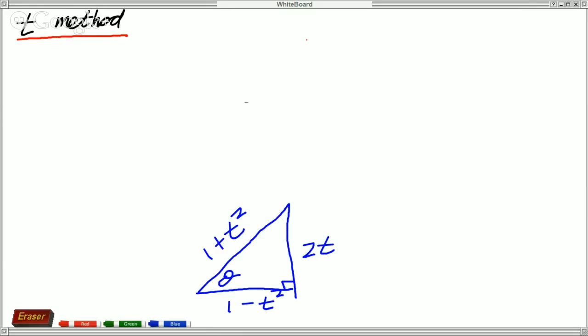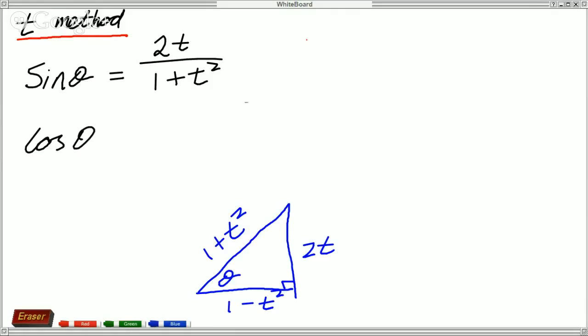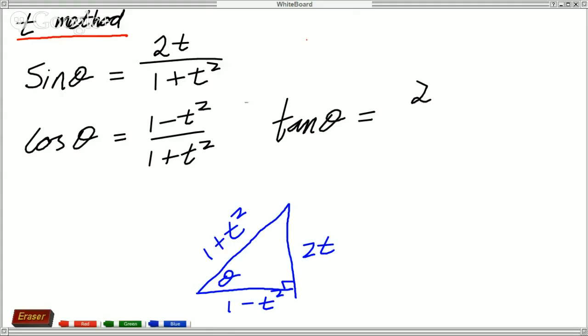So from this triangle, we'll get sine theta is equivalent to opposite on hypotenuse, so 2t over 1 plus t squared, and cos theta will be equal to 1 minus t squared over 1 plus t squared. And as we saw before, tan theta is going to be equal to 2t over 1 minus t squared.